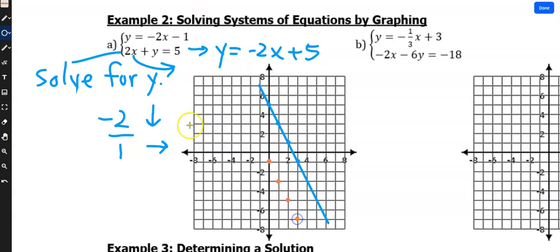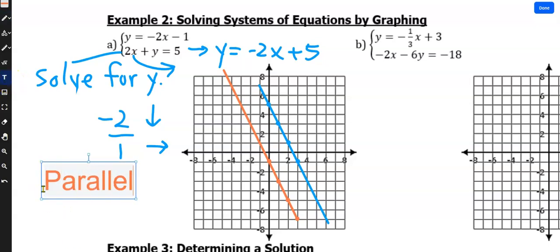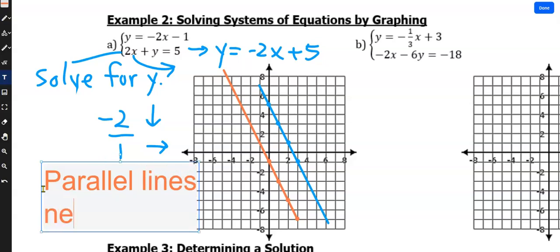So what happens when you have the same slope? Why, yes, parallel lines. And how many times do parallel lines cross?